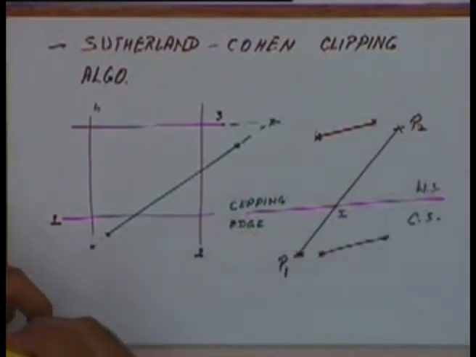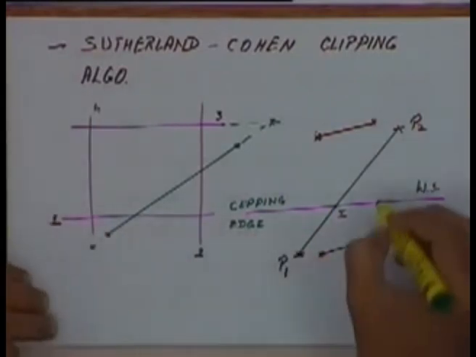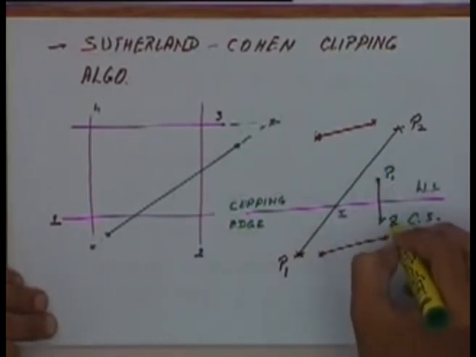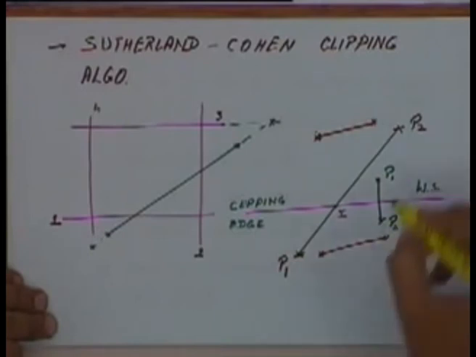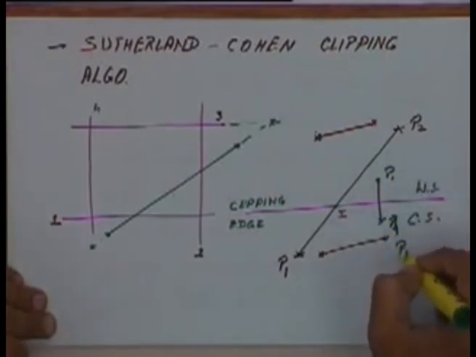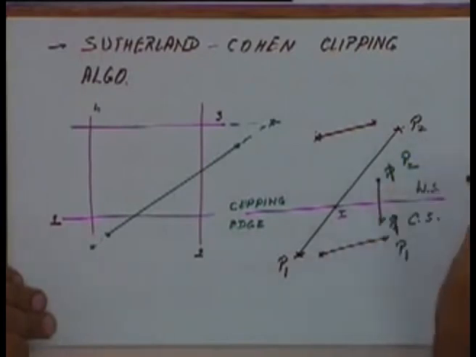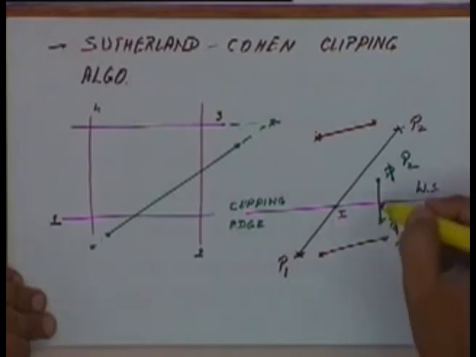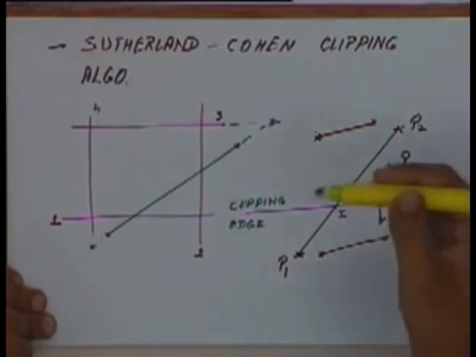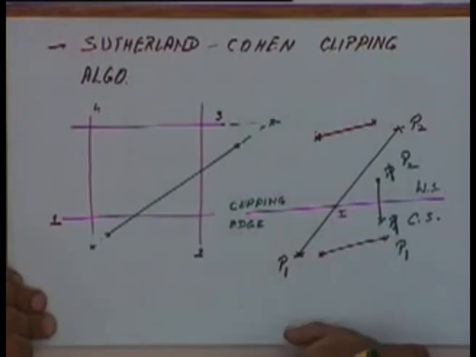But if my line segment was like this, and this was P1 and this was P2, P1 is on the wrong side and P2 is on the correct side. I want to exchange the points P1 and P2. I want to call the point on the correct side as P1, so that when I find out the intersection from P1 to the intersection I, that segment I will take as the clipped segment.